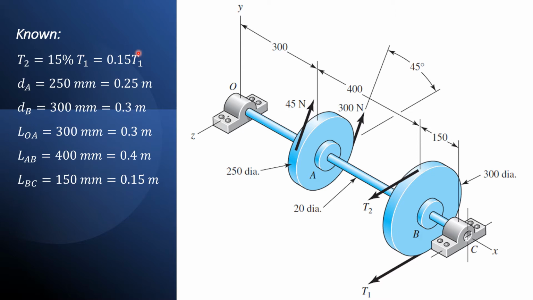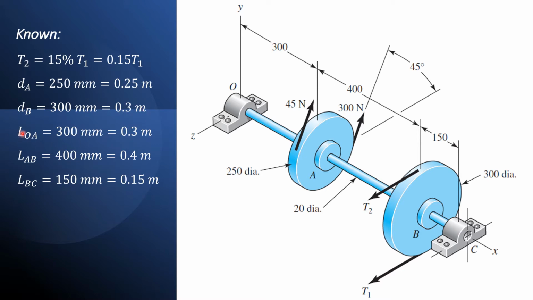We also have some other knowns from the figure. The diameter of pulley A is 250 mm or 0.25 meter, and the diameter of B is 300 millimeter or 0.3 meter.